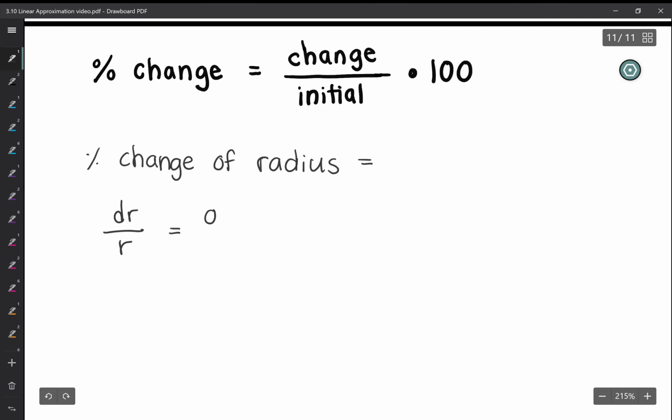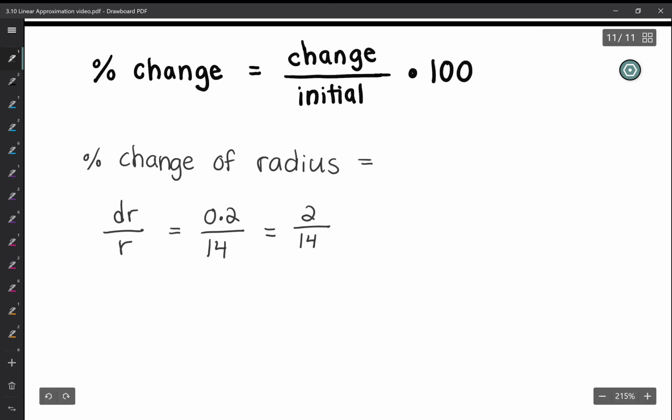So this will be equal to 0.2 over 14. But we need to find the percent, so we have to convert this to a decimal. I find it a little easier to first make it so that everything's an integer, so I'm going to multiply the numerator and denominator by 10.